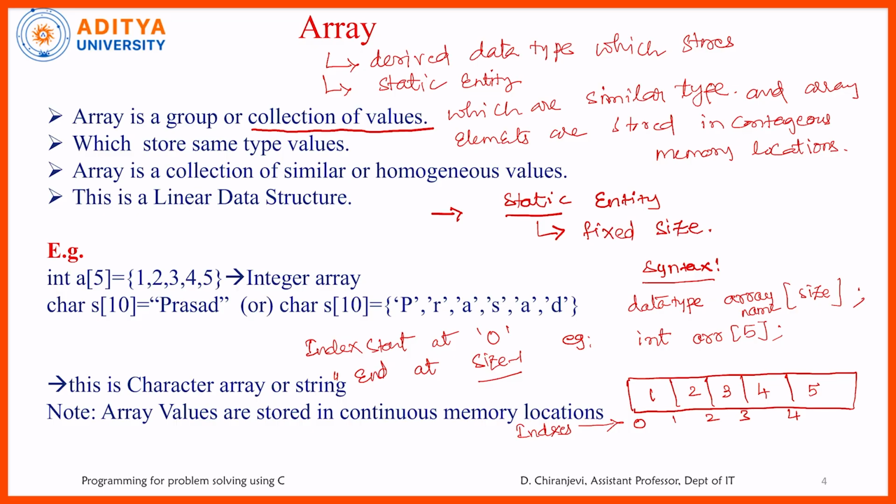In a similar manner you can declare a float array: float a of 5. It means you declared an array named a of size 5 which will store only float values. The earlier one is an integer array, so it stores only integer values.